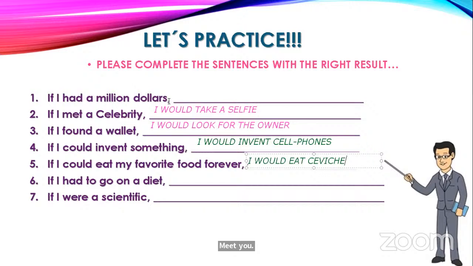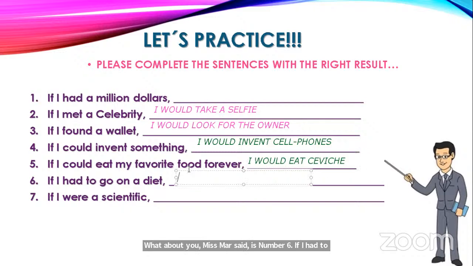What about you, Miss Mercedes? Number 6. If I had to go on a diet, si tuviera que hacer una dieta, what would you do? If I had to go on a diet, I would do the keto diet.